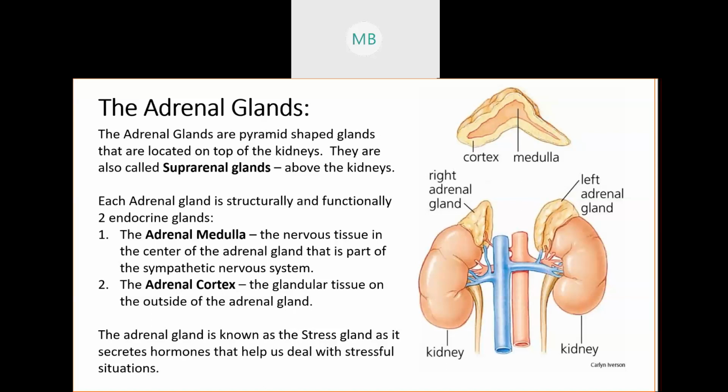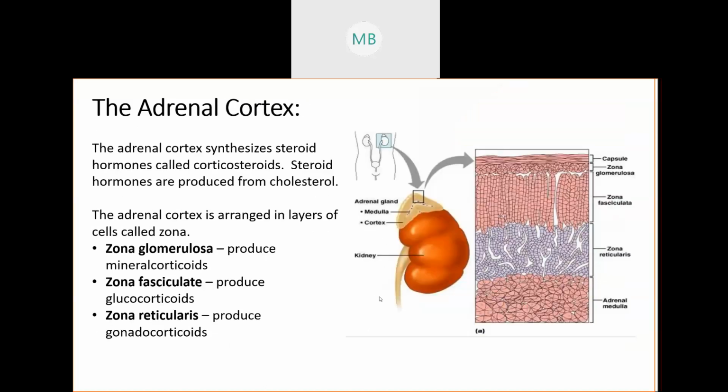The cortex itself has multiple layers, so your adrenal glands can get somewhat complicated because that cortex has multiple layers that all have different jobs, if that makes sense.